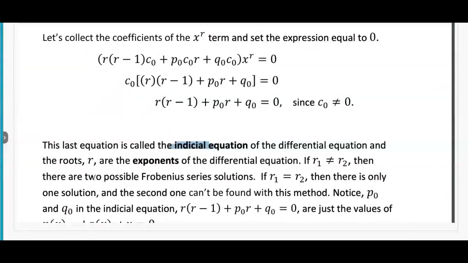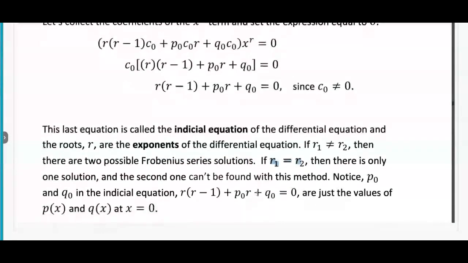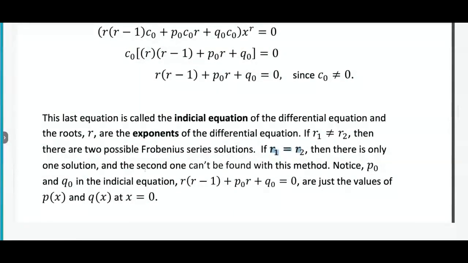And the roots are the exponents of the differential equation, right? If the two roots are not the same, then there are two possible Frobenius series solutions. If they are equal to each other, then that's only one solution, and the second one cannot be found with this method, so we can find one.